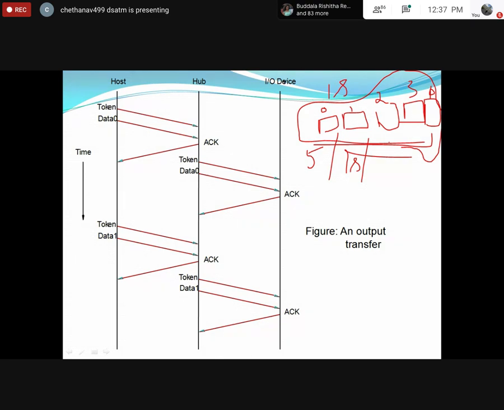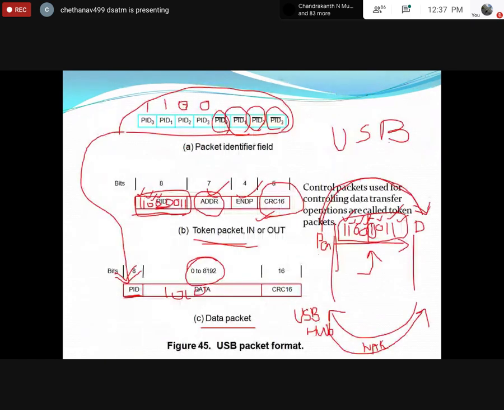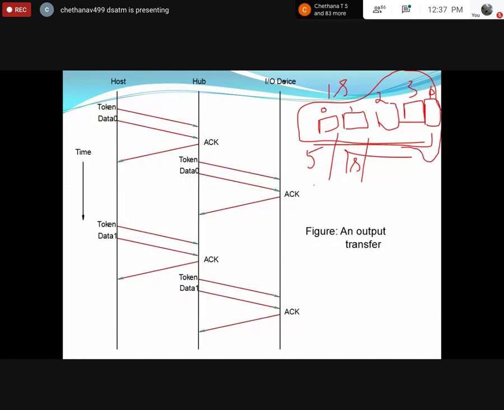Hope you have understood. Whenever 5 packets are sent continuously, consecutive packets of data within 1 second, we'll call this one complete frame. So that you know how it looks, for example, you see this, isochronous. This is known as isochronous.